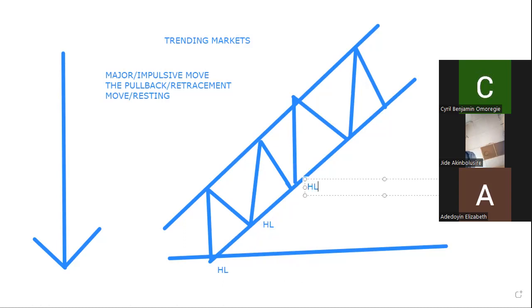Are you there, sir? How to draw support and resistance.